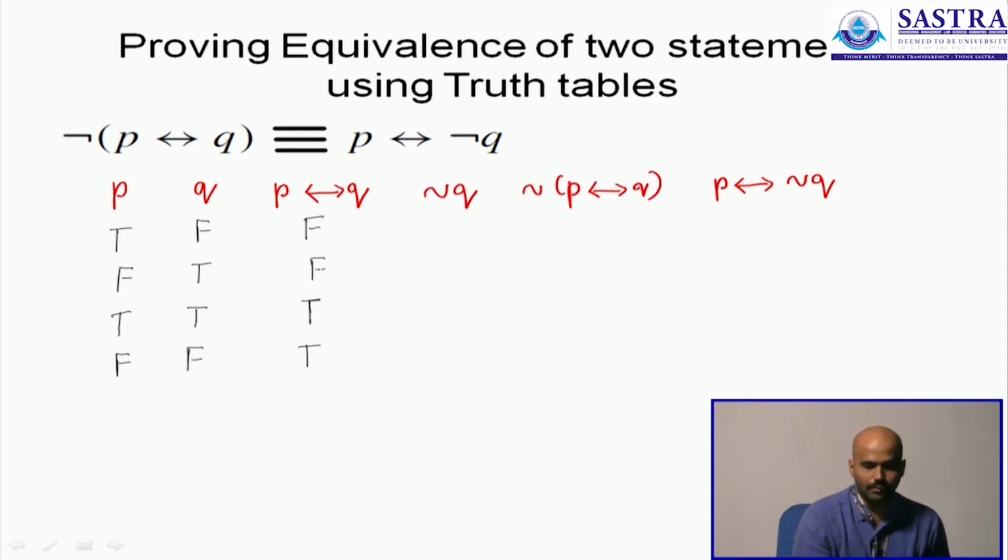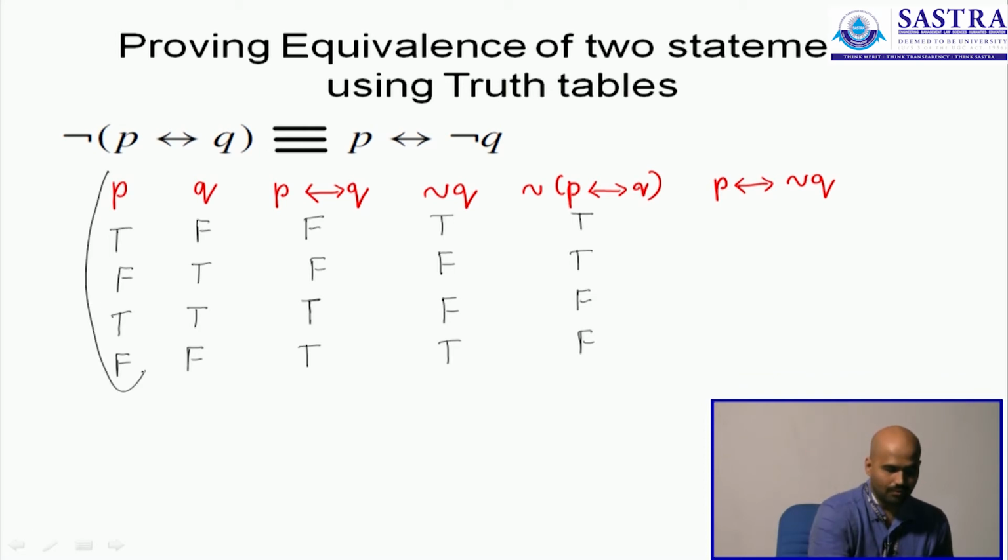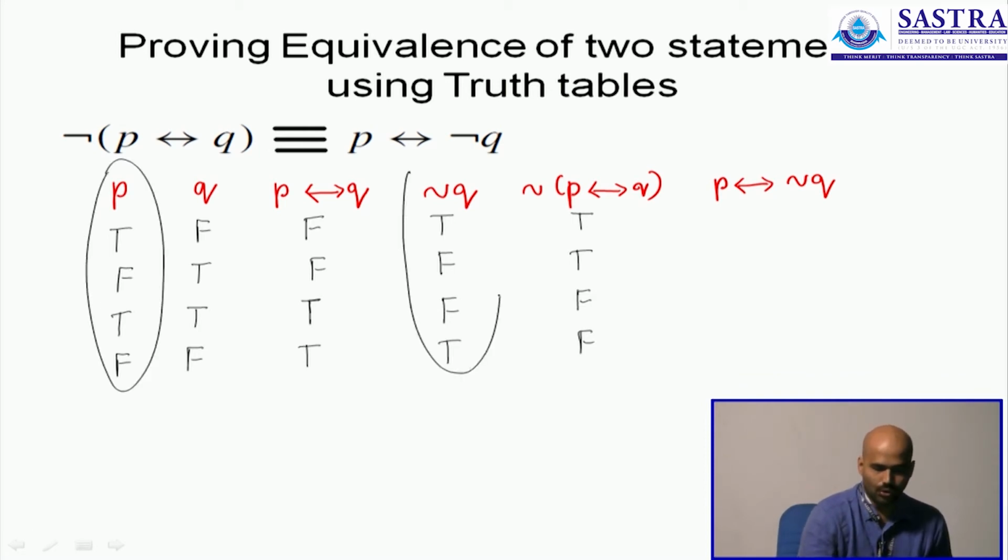Okay. Now column number 4 wants you to negate the statement Q. So you will just flip whatever you have: false becomes true, true becomes false, true becomes false again, and false becomes true. Column 5 wants you to negate column number 3. Once again it is just the flipping of the truth values. So false becomes true, true, false, and false. And now the last part, the last column, is about a biconditional which involves the first column and the fourth column.